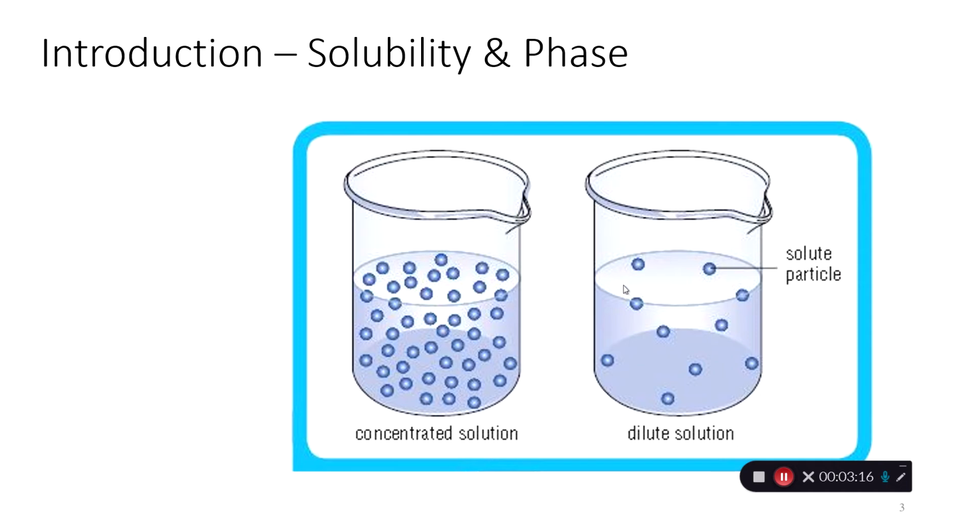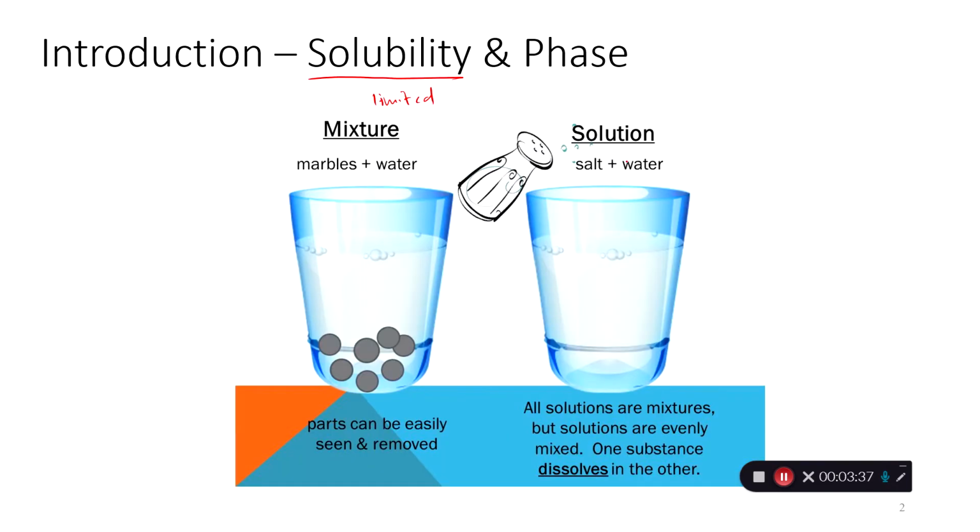Now, how is it related to the level of solubility? The diagram on the left shows a solution which has many solute particles. Solute particles are the particles that you dissolve in the liquid, which in this case, the solute is the salt. The solvent is the water. The solution is the mixture of both.